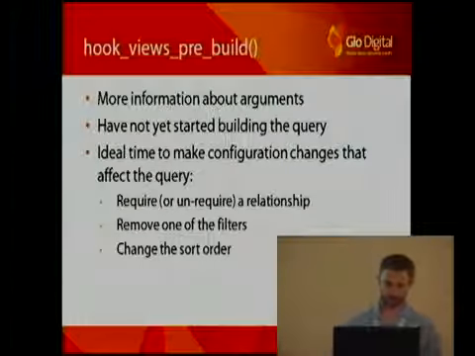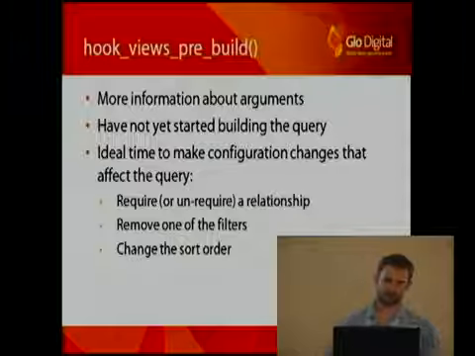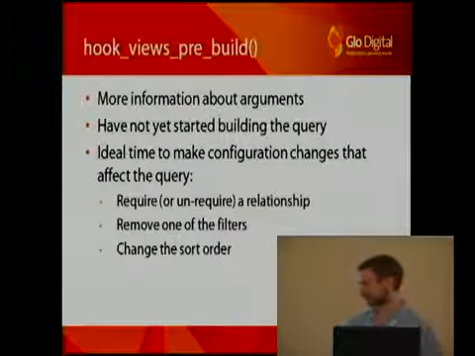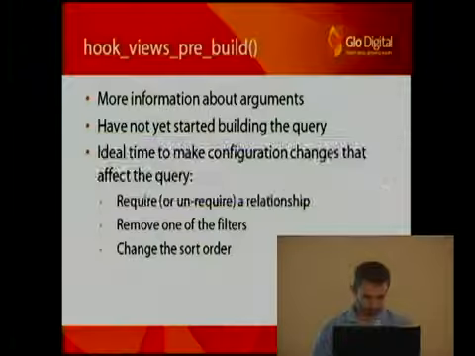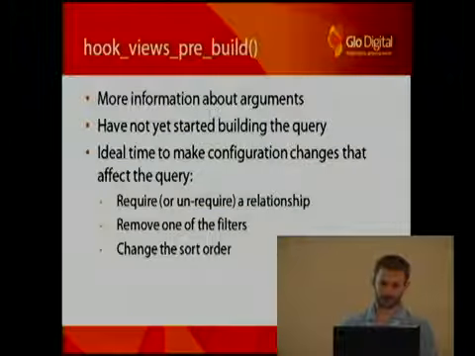And we're about to start building the database query. So here's an ideal time to remove that relationship with the flag module. So instead of showing featured artwork, we can show all the artwork. Or you could do anything else that's going to affect the query.